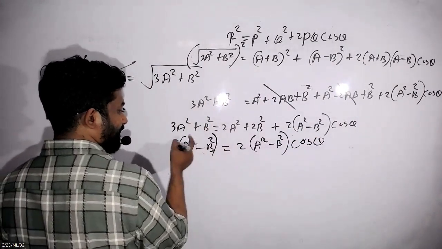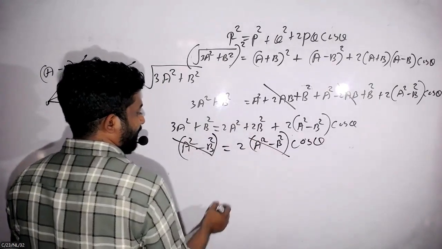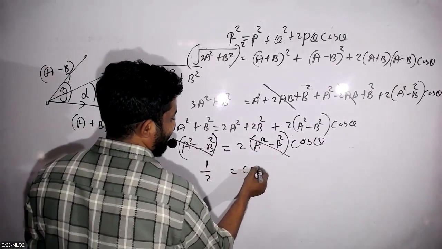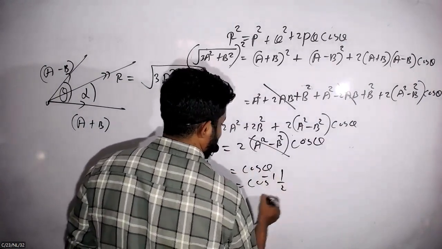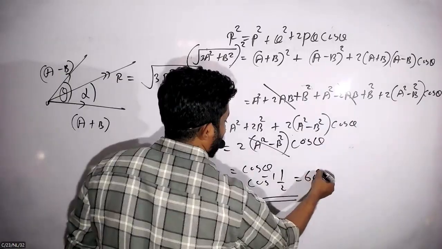These two terms are equal terms, no? Cancel. Then the answer is 1 over 2 equals cos theta. Theta is equal to cos inverse half. Cos inverse half is 60 degrees.